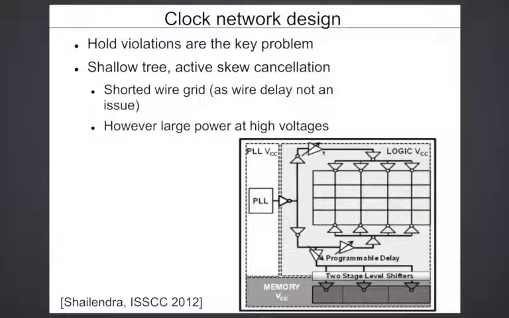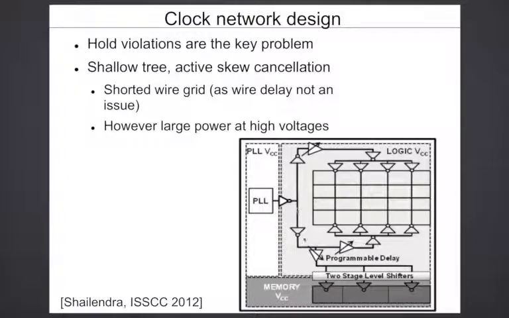Now another thing which the Intel people also did was to have these programmable delay blocks, so that they can tune the delays, so that the skew between this portion and this portion can be adjusted.